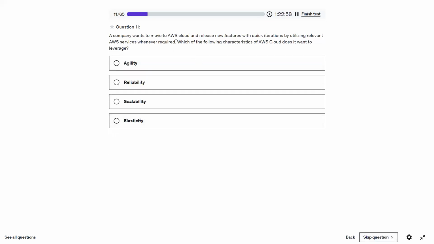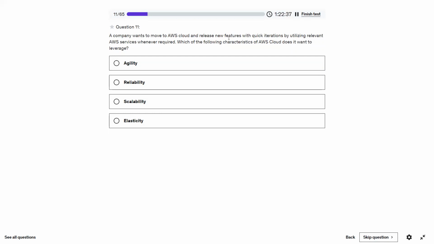A company wants to move to the AWS cloud and release new features with quick iteration by utilizing relevant AWS services. Which of the characteristics is required? AWS has many characteristics: it's agile, reliable, scalable, elastic.